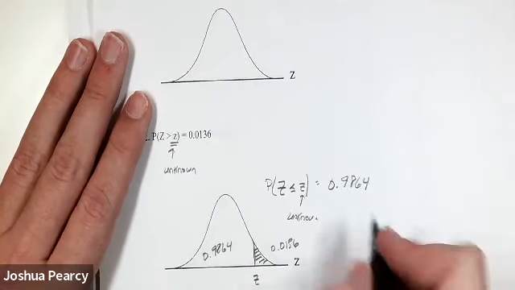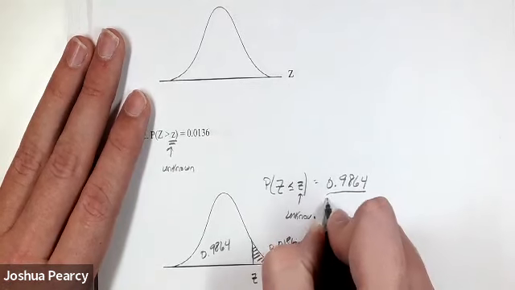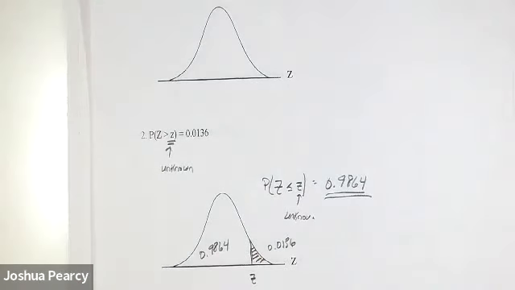If I look in the standard normal table, I should find a value with that area to the left. And what is that corresponding value? There it is. Anyone find it yet? Yep, correct.